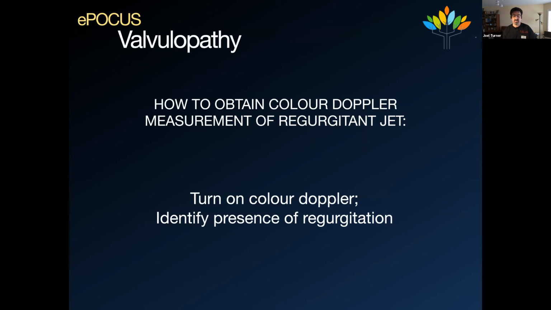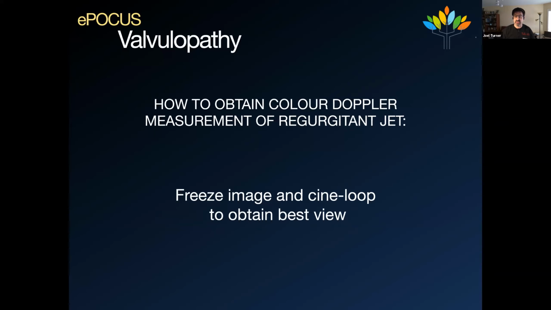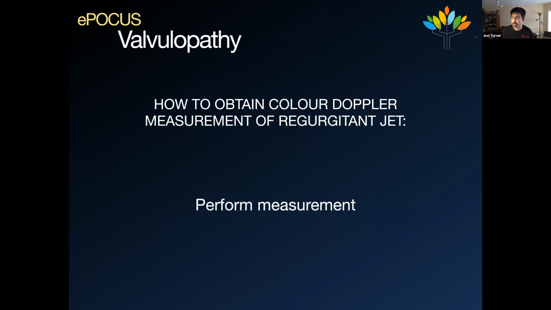So remember that flow going towards your Doppler probe will look reddish and white, and then reddish and yellow, and then flow going away from your probe will be blue and bluish white, and we'll see lots of examples of this. Once you've identified that there is actually some regurgitation, you want to freeze your image, and then you want to maybe cine loop back to obtain your best view of your jet, because that's where you're going to be performing your measurements.